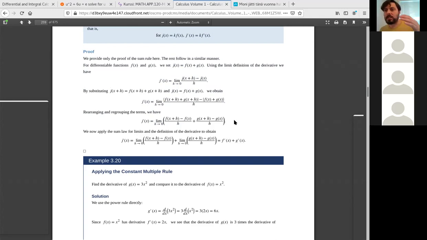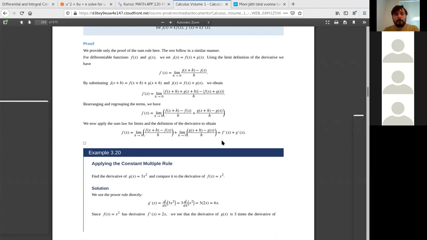But because the limit of sums is the sum of limits, then it just comes down to those two limits, which then are by definition the derivatives of f and g. So we can forget about all that nonsense about minus being somehow different. This is sum. So we take sum, that works.